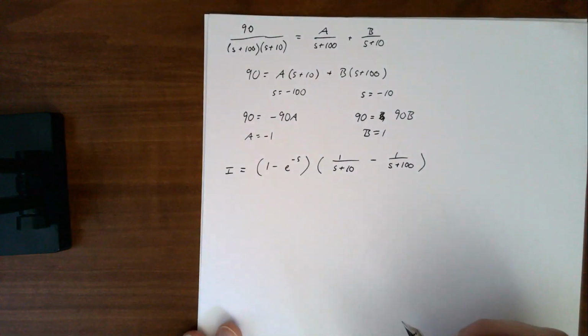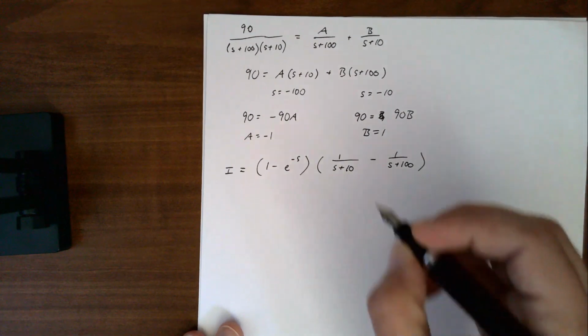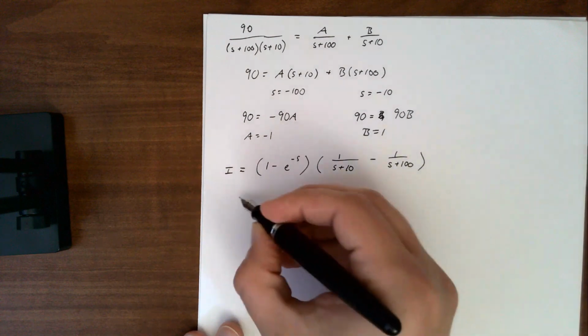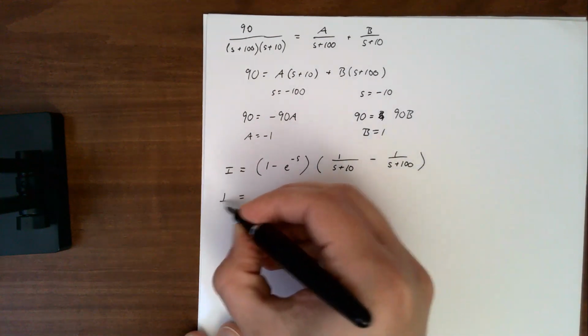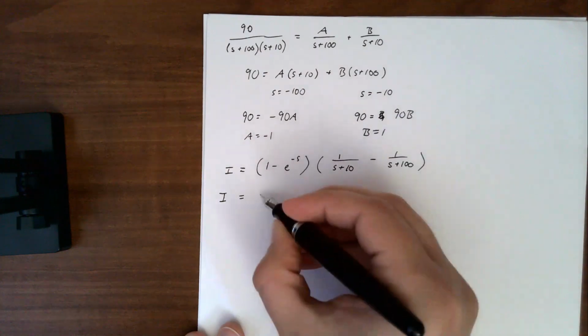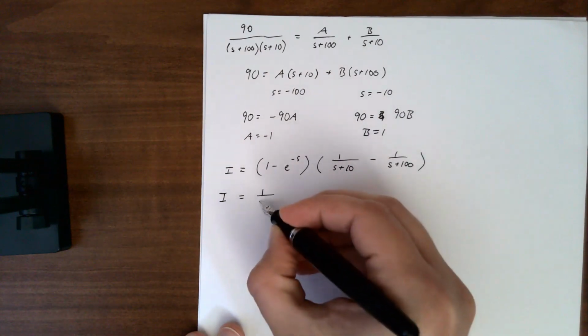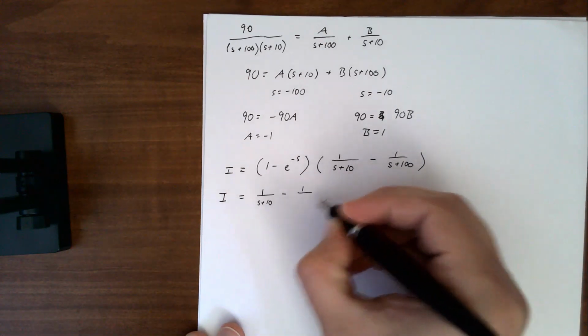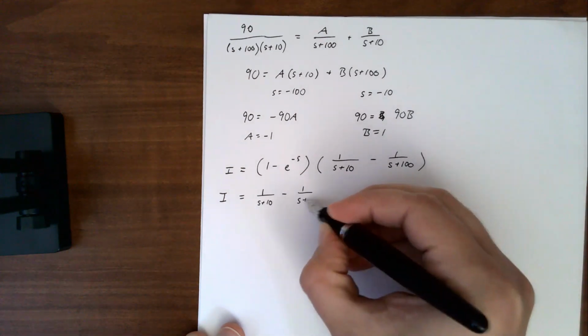Okay, now what we can do is just distribute this throughout, and we'll just FOIL it all out and see where that gets us. So that's going to be 1 times the first, so it's going to be 1 over s plus 10 minus 1 over s plus 100.